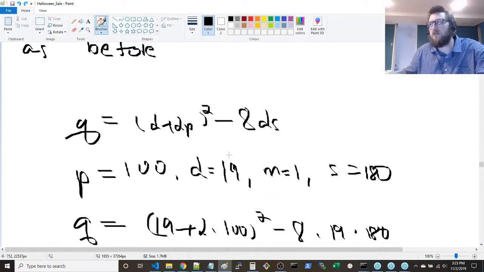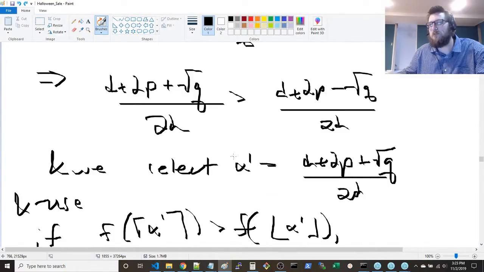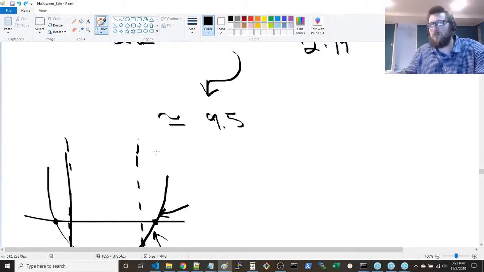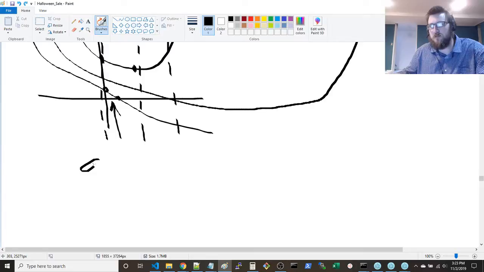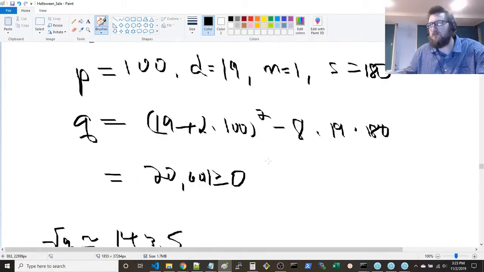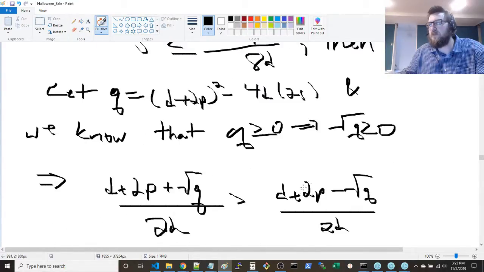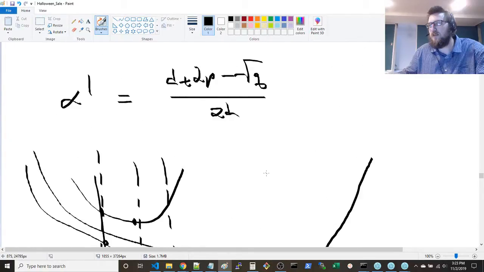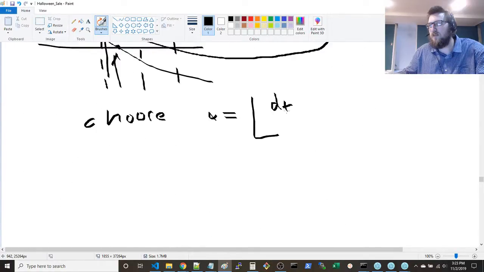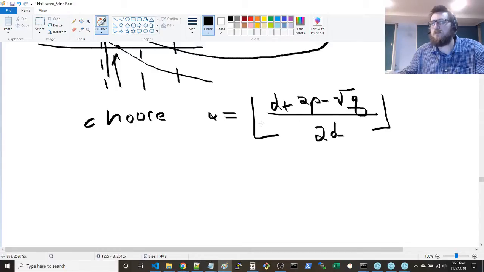It's the floor of alpha prime, not even floor of alpha prime. Here we'll choose alpha equals the floor of d plus 2p minus the square root of q over 2d. Holy guacamole.